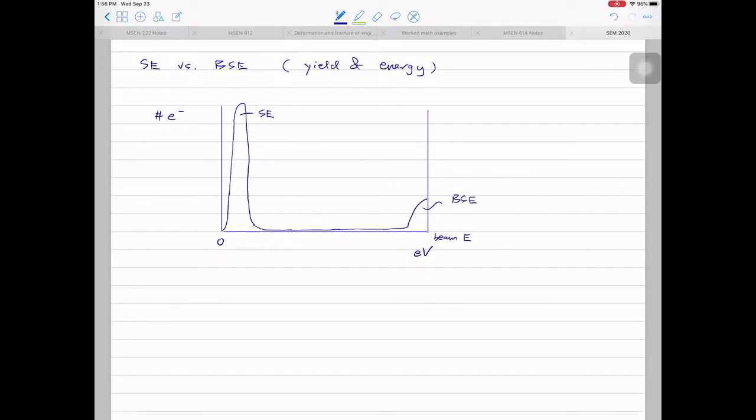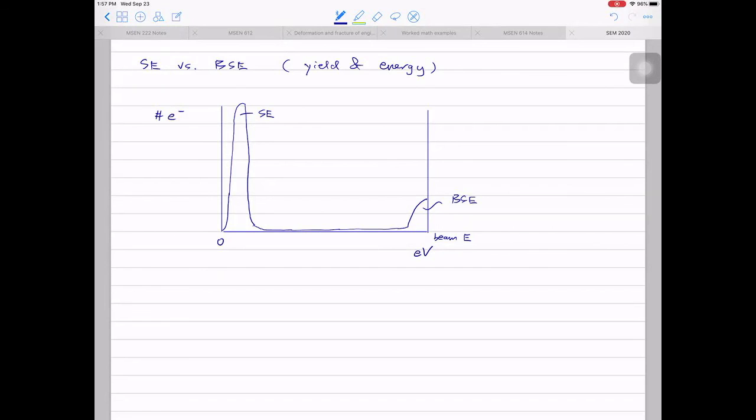Let's look at why, in terms of numbers and energies, there's a difference. In SE, from what we discussed last week, when you throw one primary electron into the material, there are multiple secondary electrons generated. So the yield for SE is high, but for BSE, even for something as heavy as tungsten, only half an electron can come out. That's why, in terms of numbers, there is a huge difference.